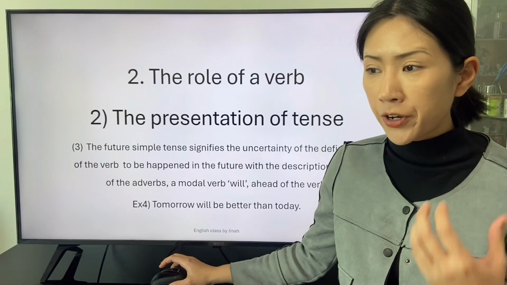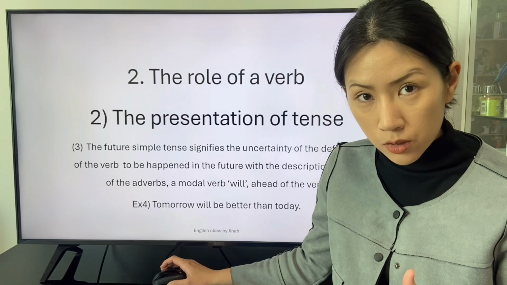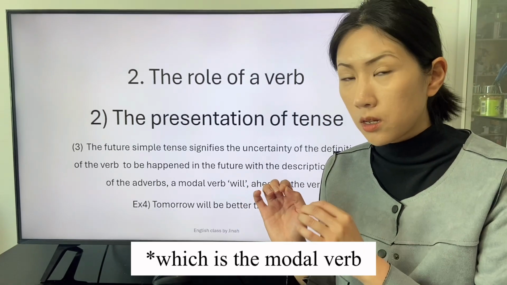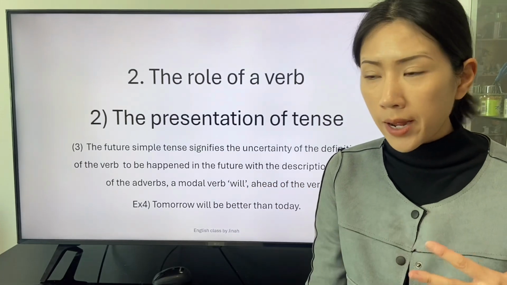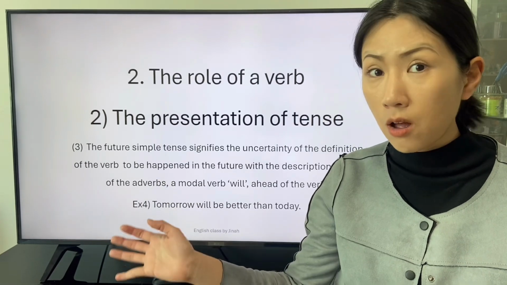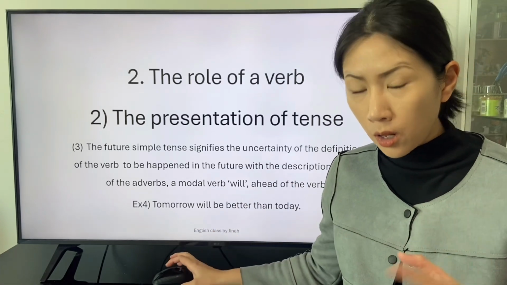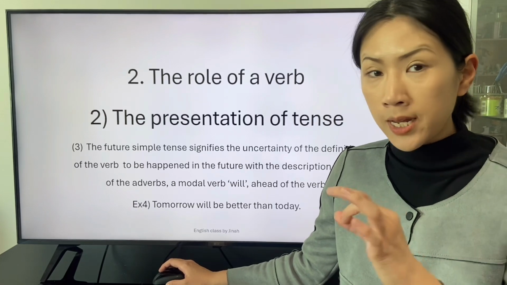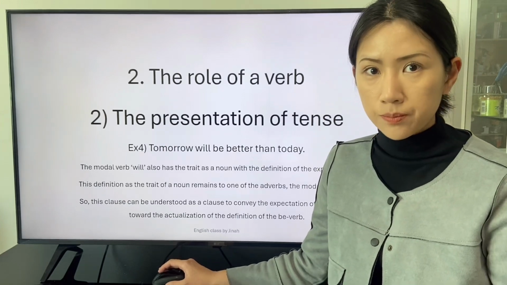The modal verb will describes the verb. One of the adverbs, the modal verb, describes the verb in a phrase of a verb, in a clause. One of the modal verbs, will, also has the trait of the noun, which means expectation.